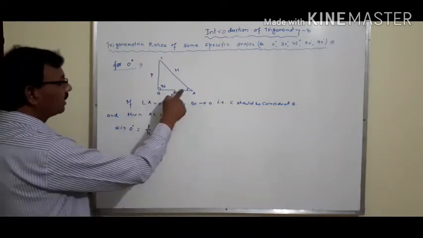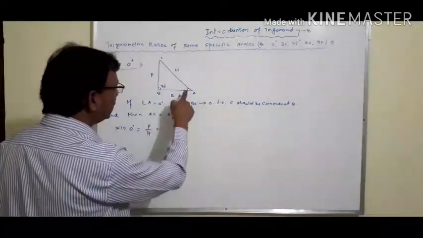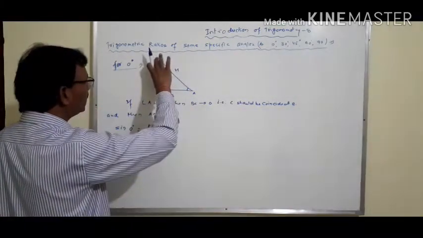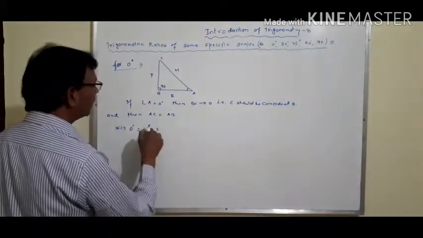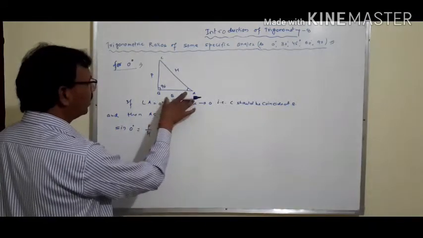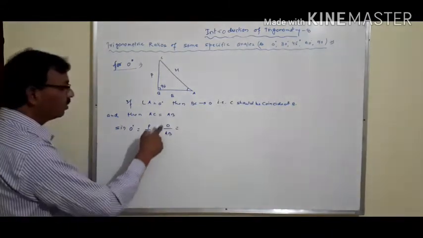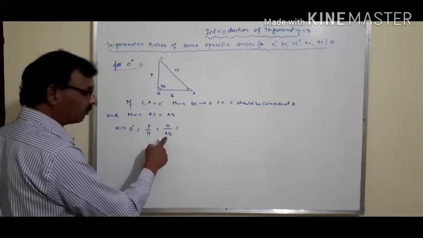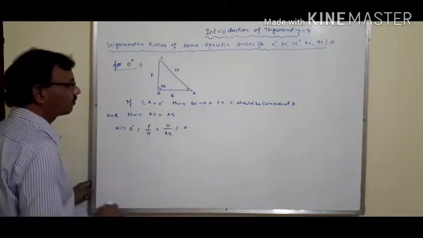If this angle is 0, then BC will be 0. I write here BC tends to 0. That means the perpendicular is 0 and the base is AB. 0 divided by any number is 0. That means sine 0 equals 0.